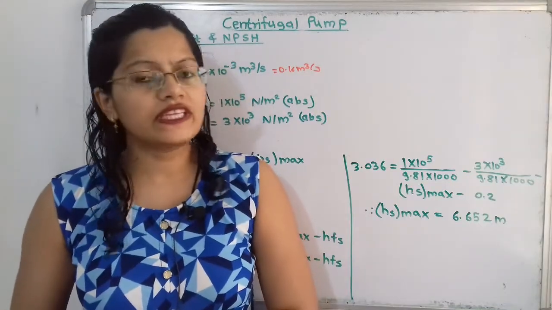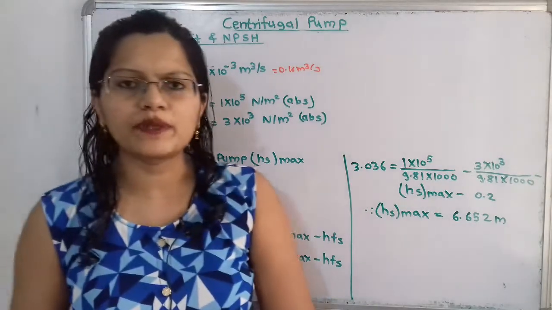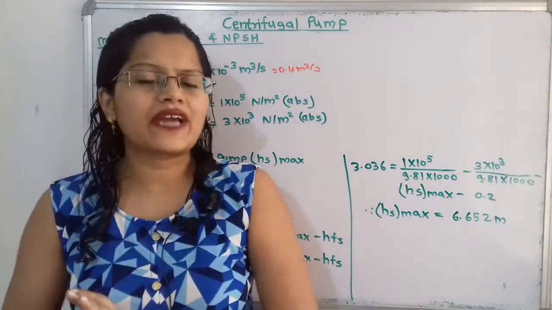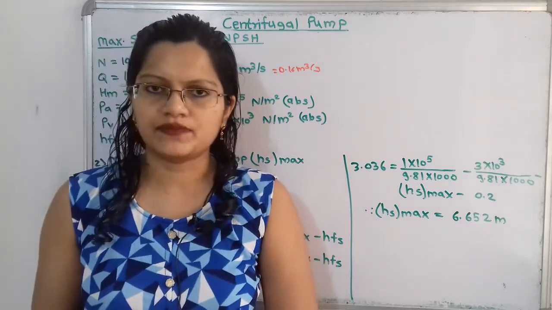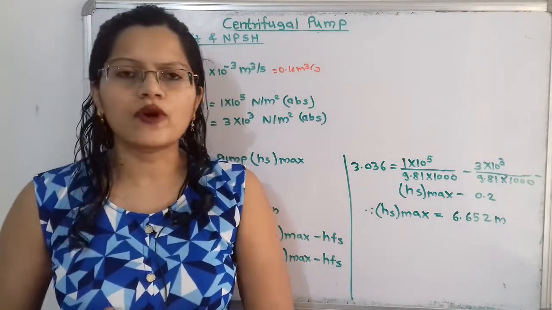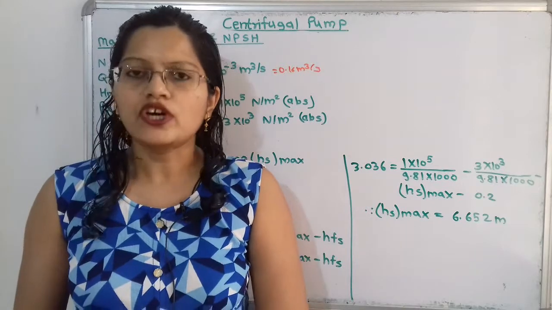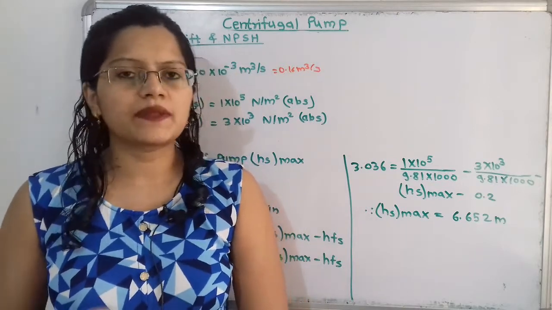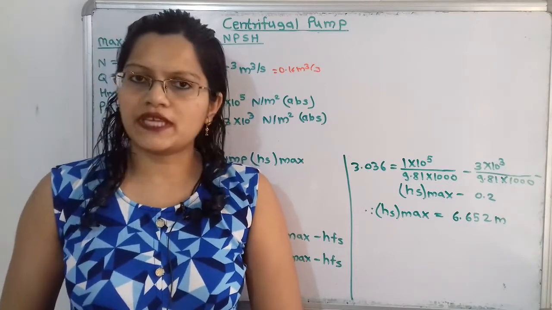Now we will move to the second question. Here we have to calculate the maximum height of the pump, that is, the maximum suction lift, the value of HS. If we refer to the previous video, what is the condition to calculate this maximum suction lift? The condition is that the pressure at inlet, P1, is equal to vapor pressure PV.